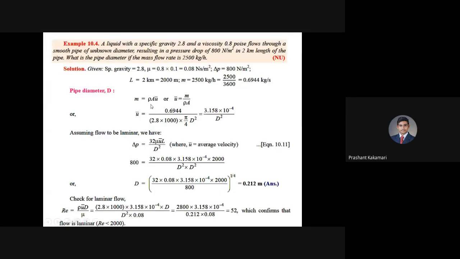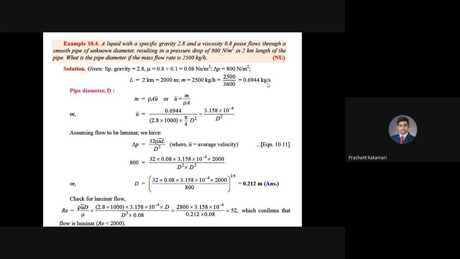Here, mass flow rate is nothing but a discharge only, ρAV, or velocity into area. So for that, they consider average velocity equal to discharge by area. I hope the point is clear. In place of discharge, they are just substituting the mass flow rate m, so mass flow rate divided by ρ.